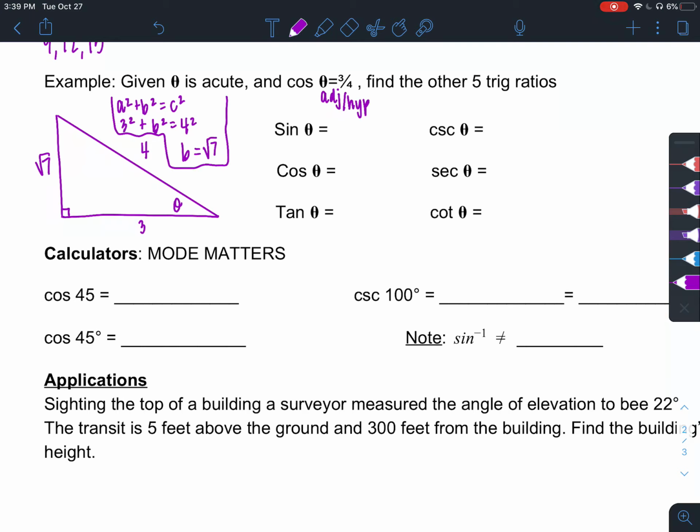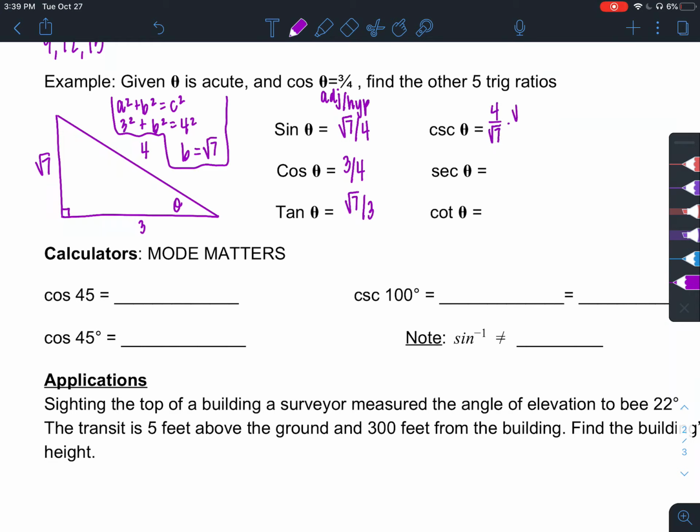Sine of theta, so our opposite over hypotenuse, is radical 7 over 4. Cosine, given to us, 3 over 4. Tangent, radical 7 over 3. Now we want to flip each of these, so I get 4 over radical 7.